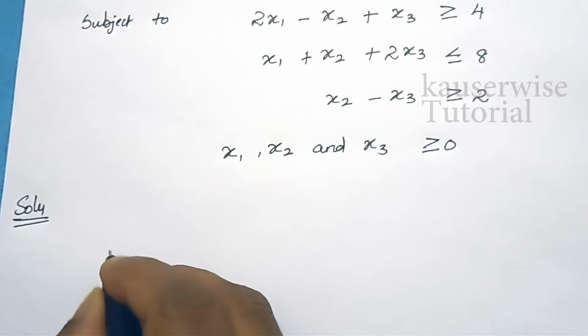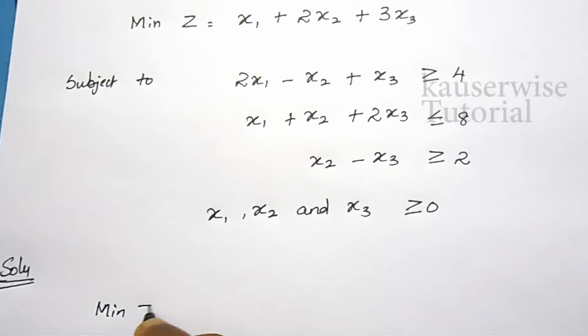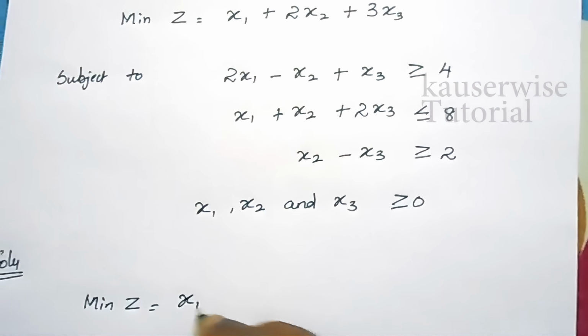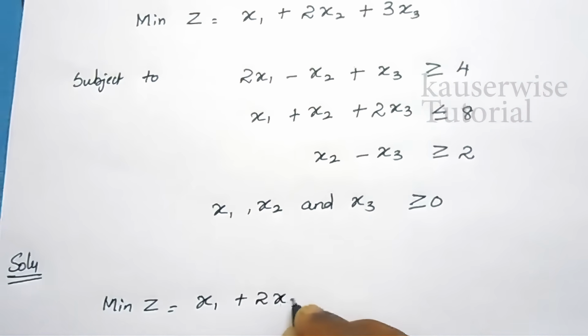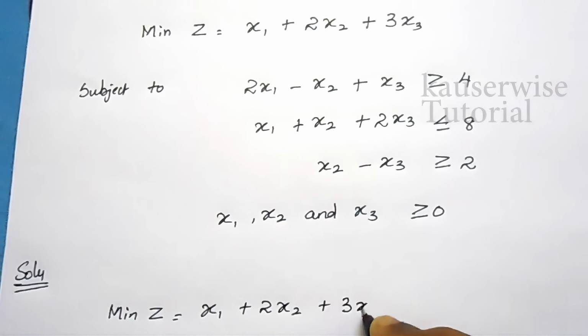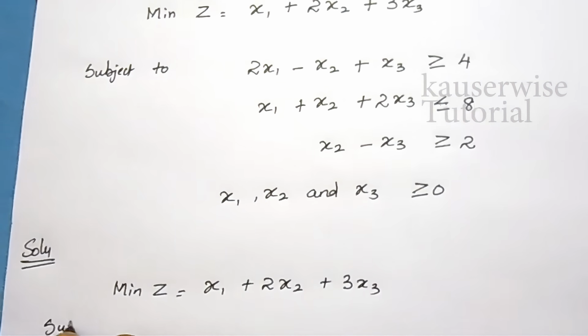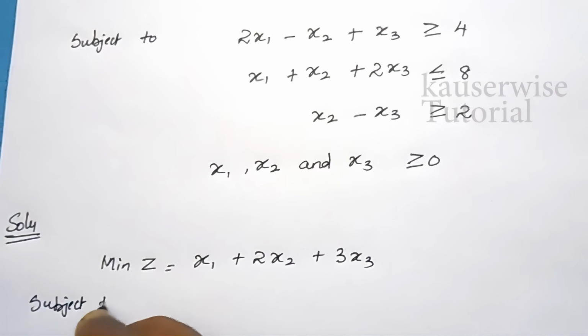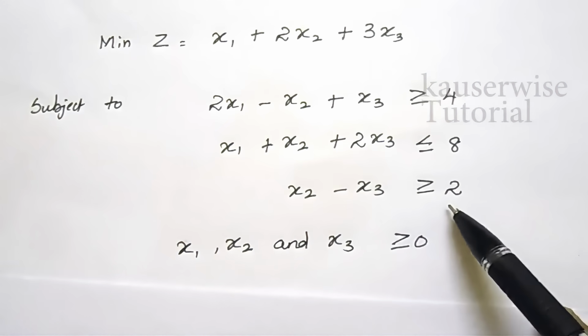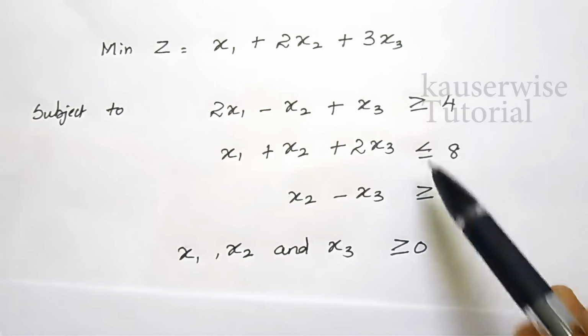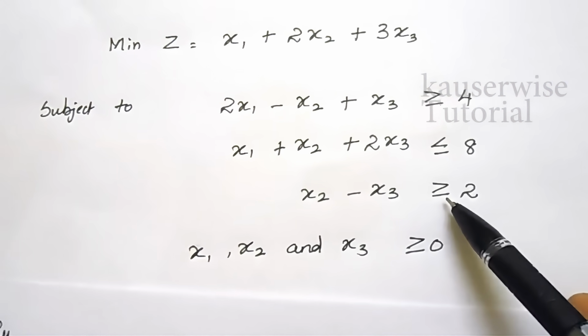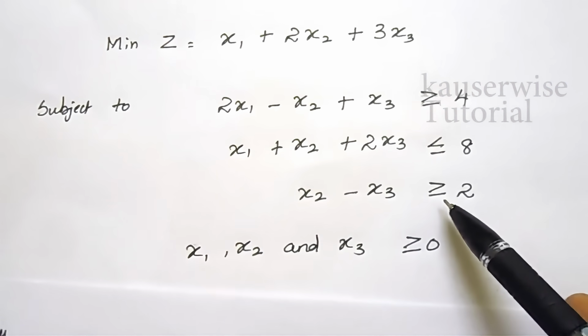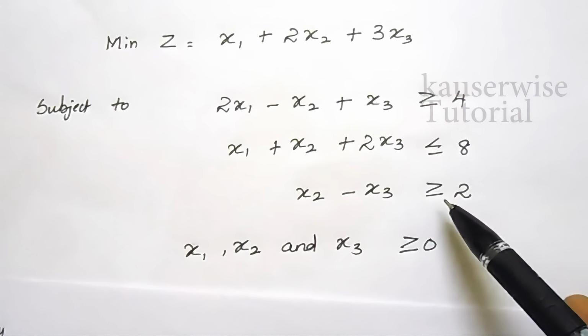First write the objective function. Minimization Z is equal to x1 plus 2x2 plus 3x3 subject to the constraints. Look at the first and third constraints. These constraints are greater than or equal to type. So we need to convert into lesser than or equal to type by multiplying with minus 1.